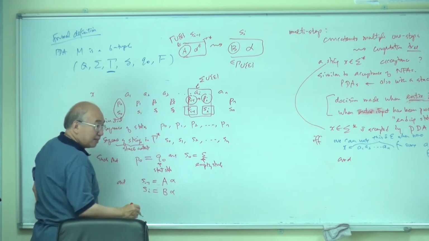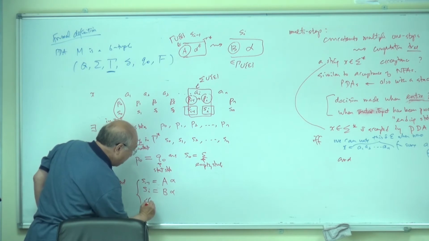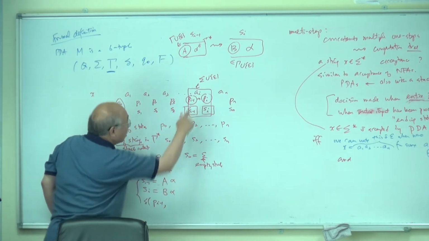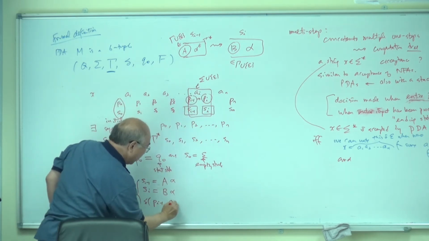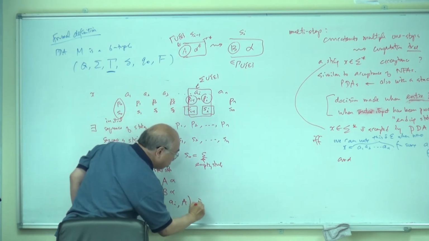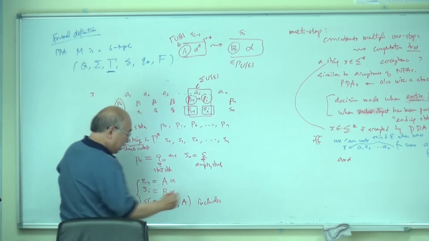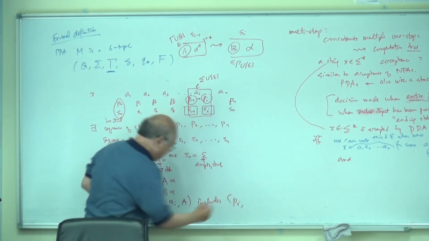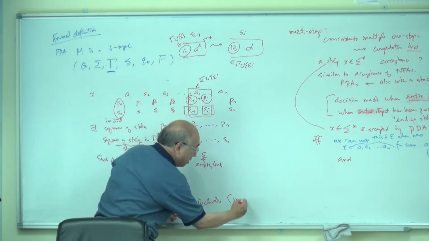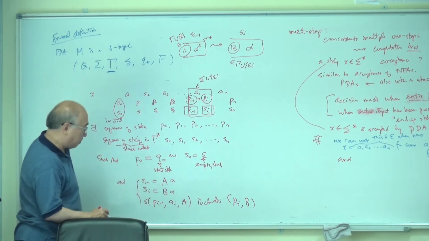And not only that, the delta from Pi minus 1, consuming ai, with top stack A, must include one of the possibilities: we update to Pi, advance, and replace A by B. So one of these must be a possibility.